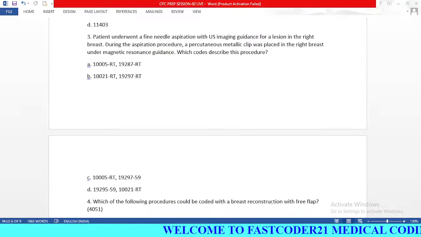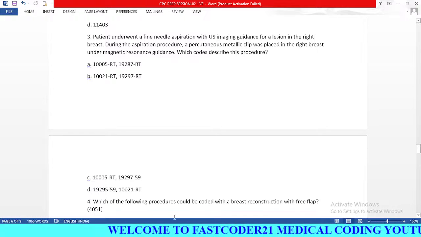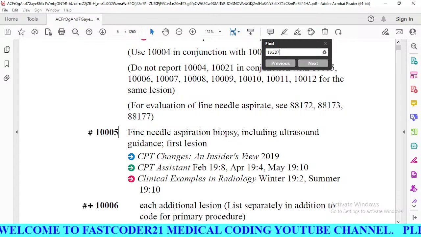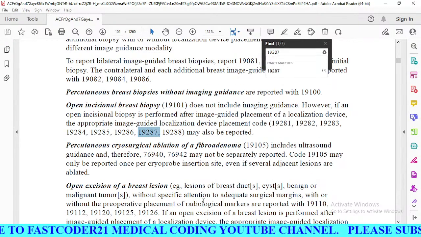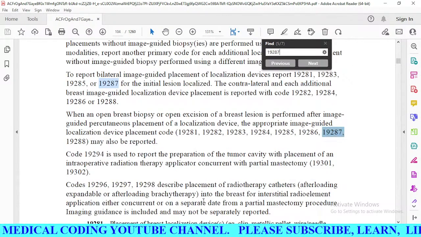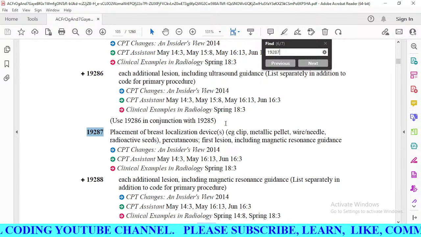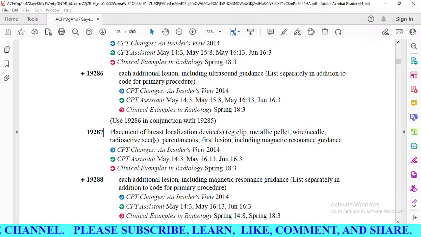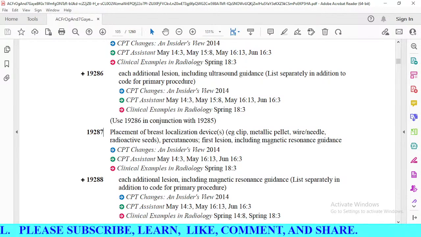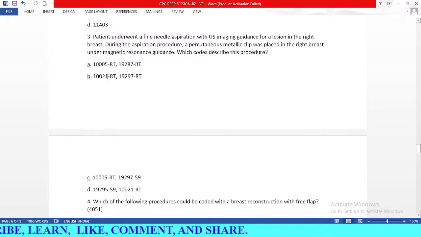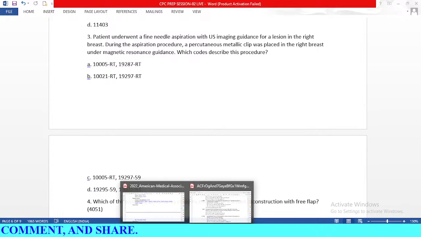So what is next? 19287. We will check 19287. Placement of breast localization device, which includes clip, metallic pellet, wire or needle, radioactive seeds, percutaneous, first lesion, including magnetic resonance guidance. So our answer is 10005 and 19287. We will check what is 10021.